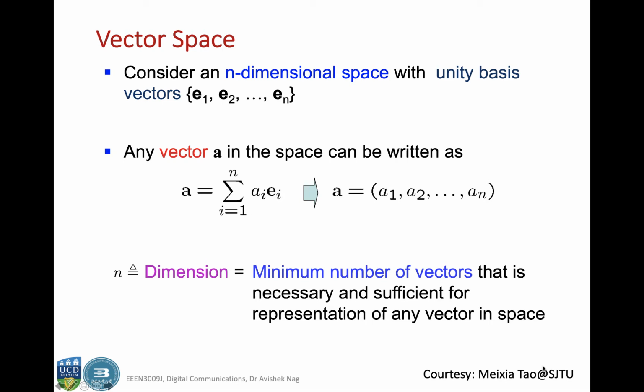And while we try to find an estimate of what was sent based on our observation of the received signals, we would always want to minimize the probability of error.